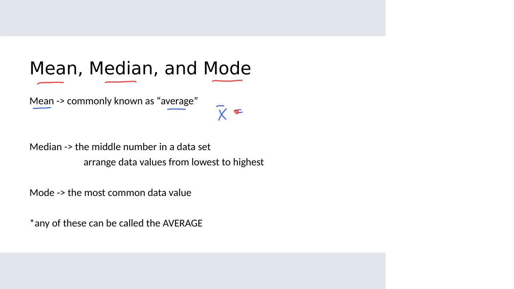That first symbol I just drew there, X with a line over it, that's called X bar. And it's used to represent the mean. And the mean of any data set will be the sum of the data points divided by the number of data points.